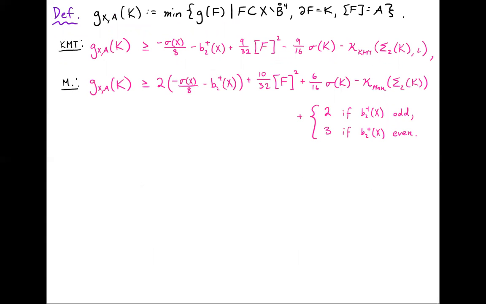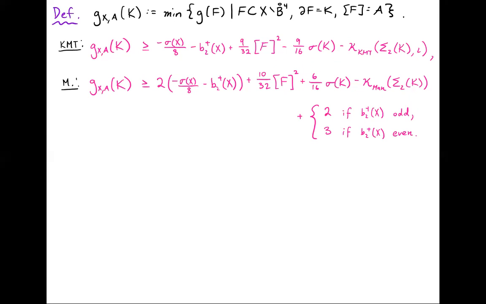Don't try to read through all of them, just get a flavor of what's going on. They look very similar, with some coefficients slightly different, but what I want you to note is that in front of the signature of K they have a minus 9/16, and in my inequality we have a positive 6/16. So KMT's inequality is better for negative signature knots, and mine is better for positive signature knots. They complement each other pretty well.